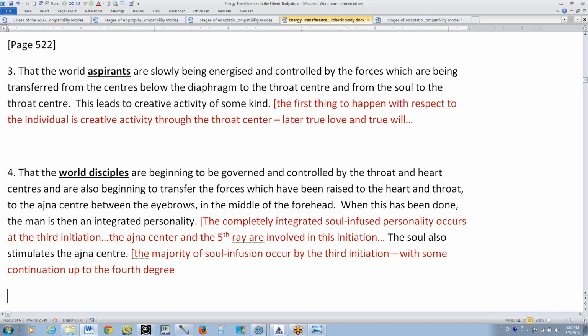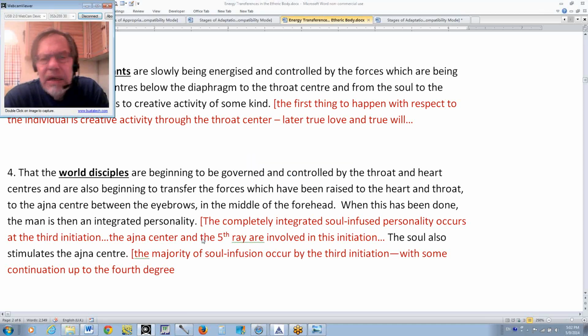And eventually to the ajna center between the eyebrows. The ajna center is a great directing center. It's a great knowledge center. It also can be associated with the second ray as the center between the highest head center and the alta major center. So it operates in terms of the second ray as well.